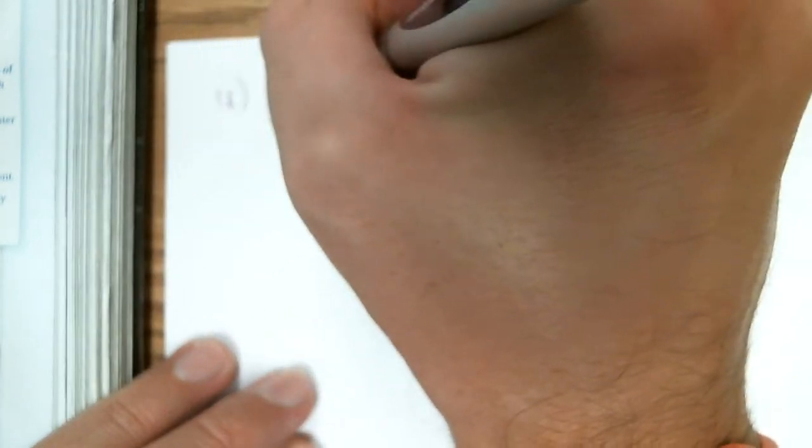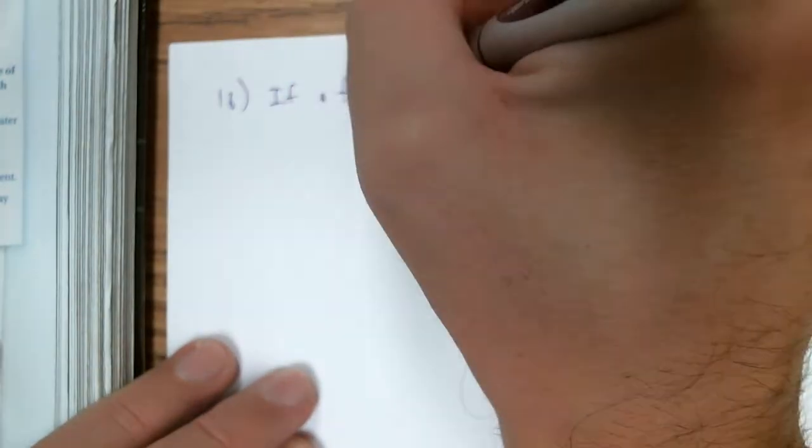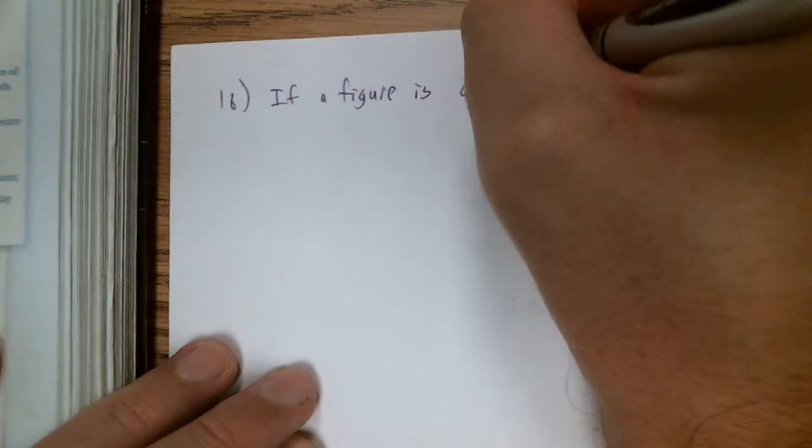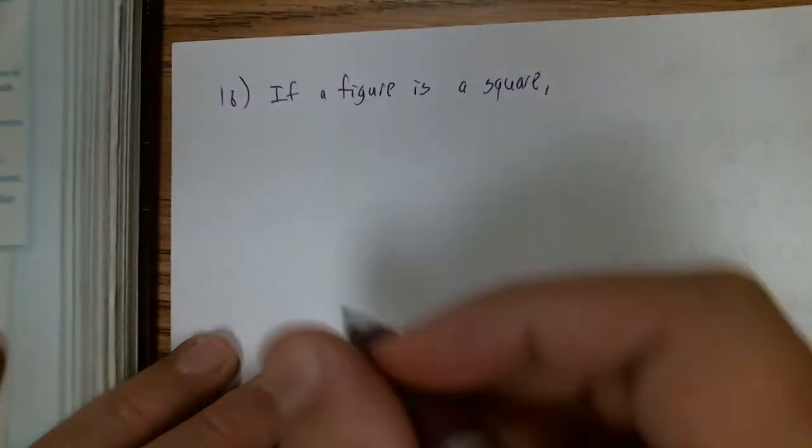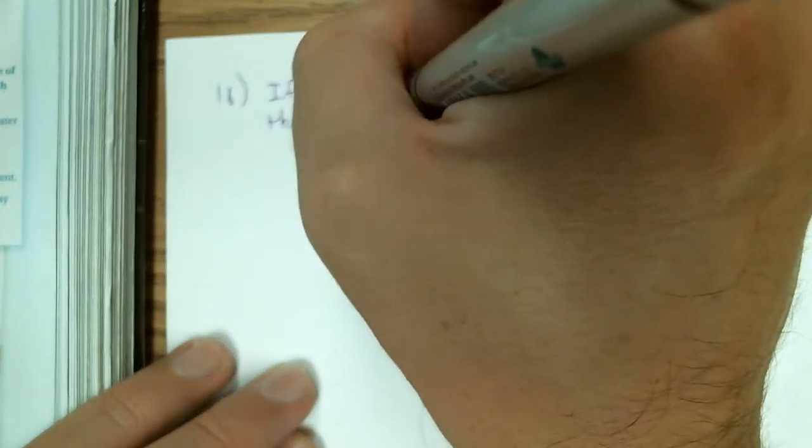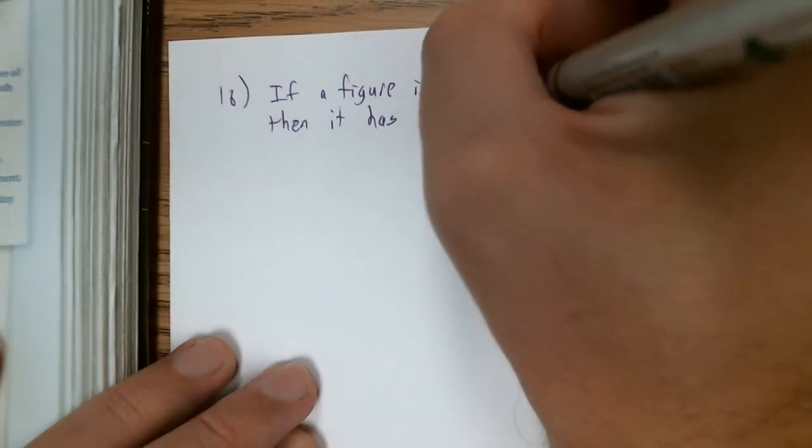All right, number 16. If a figure is a square, then it has 4 sides.